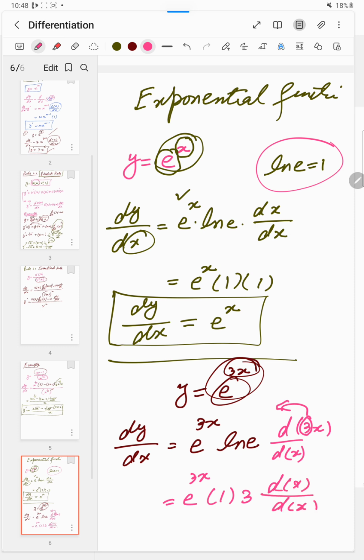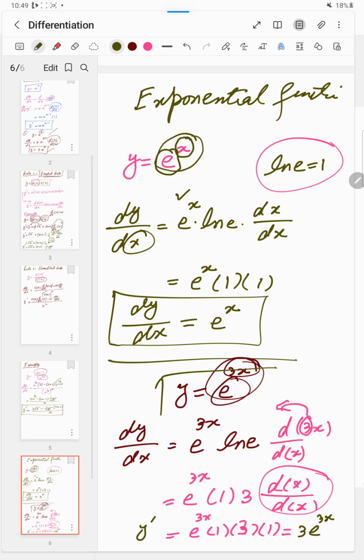Because any constant we can separate from the derivative, the answer of this will be 1. So the final answer, the derivative of this exponential function, will be 3 e raised to power 3x. This is our y prime.